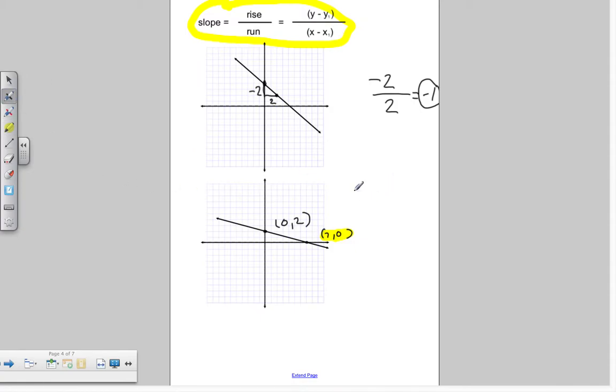Okay, so y is 2 and y1 is 0. That's on the top. My x would be 0 and my x1 would be 7. And now I'm going to compute this slope, and I get 2 minus 0 is 2, 0 minus 7 is -7, and I have -2 sevenths. Probably best written like this for the slope. Okay?